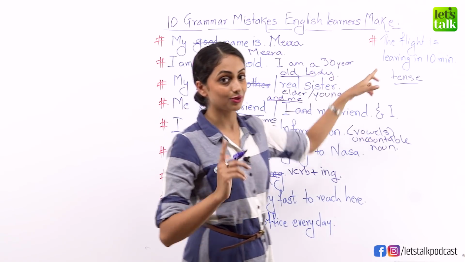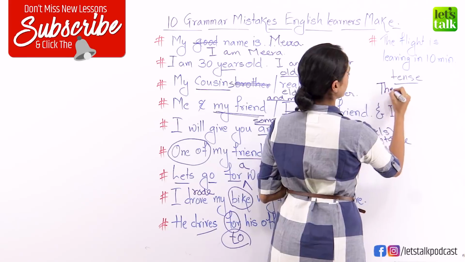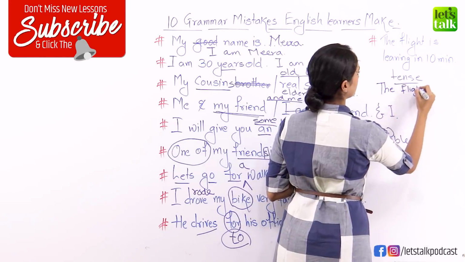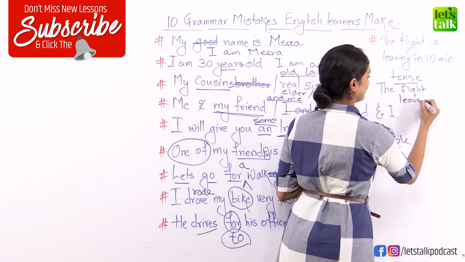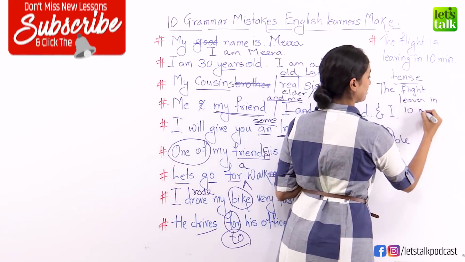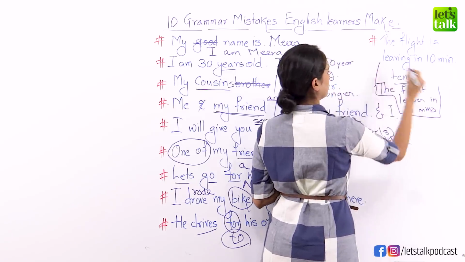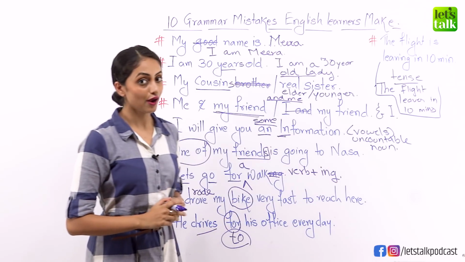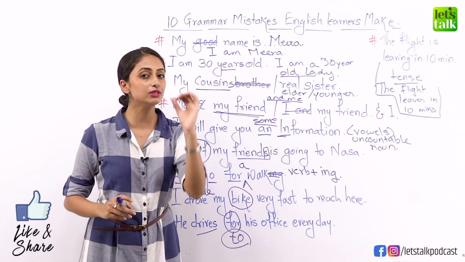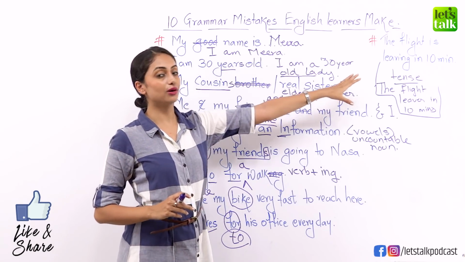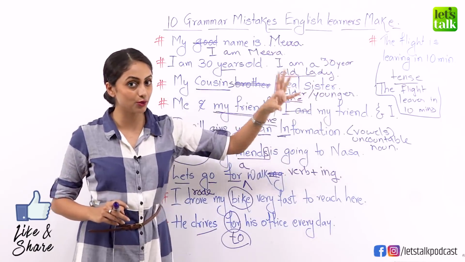And this sentence automatically becomes: the flight leaves in 10 minutes. Right? So, we have converted this sentence, which is a pre-planned timetable scheduled activity, and made it into a present simple tense. And that is the correct way to go about it.